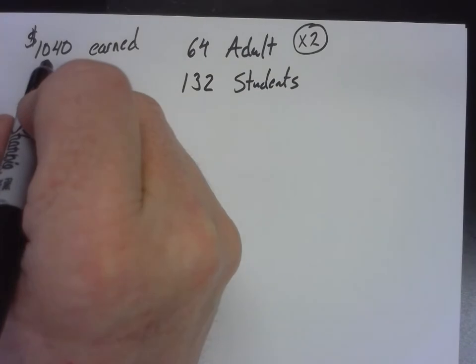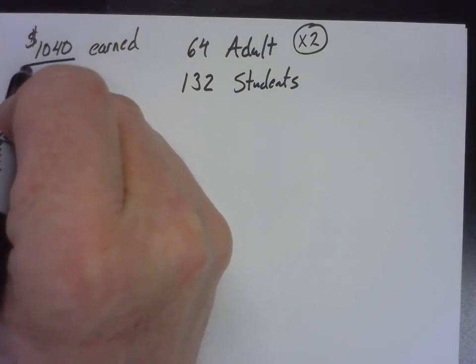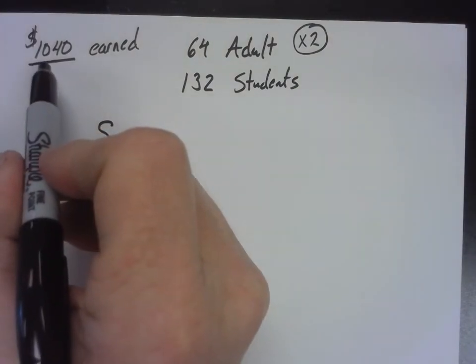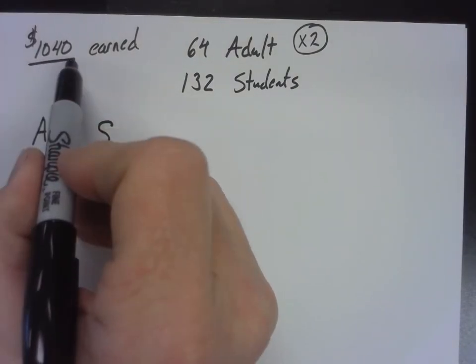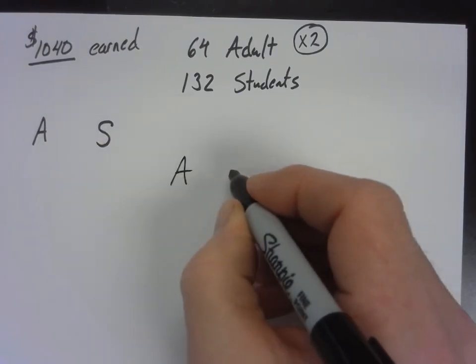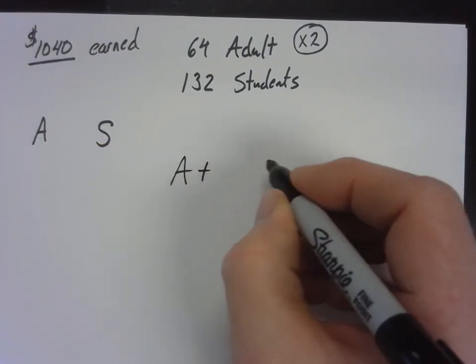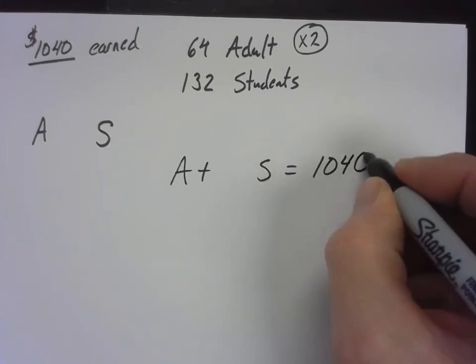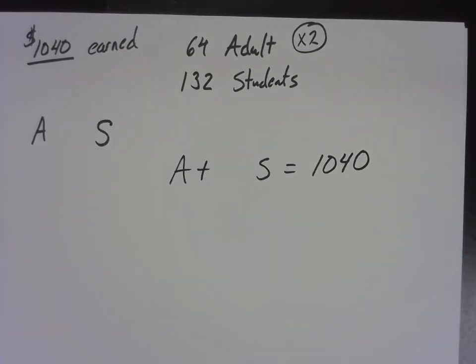So I'm going to show you the first one. Every system like this has 2 things. First of all, it talks about the value of each one. How much are they worth? So do you think that the adult tickets plus the student tickets is going to equal $1,040, if we were talking about the number of them?